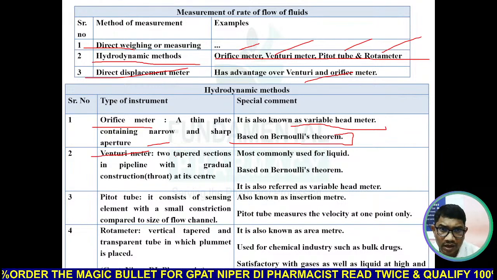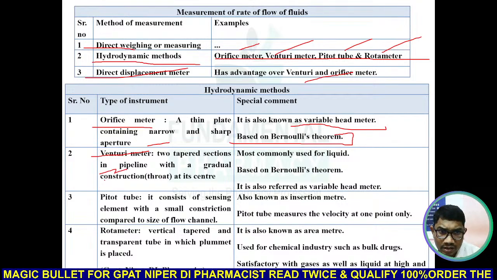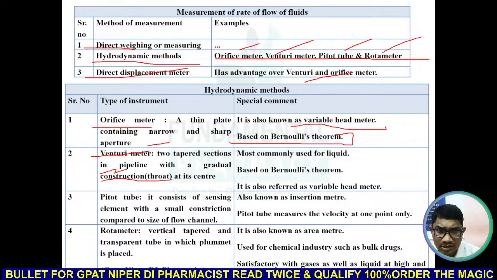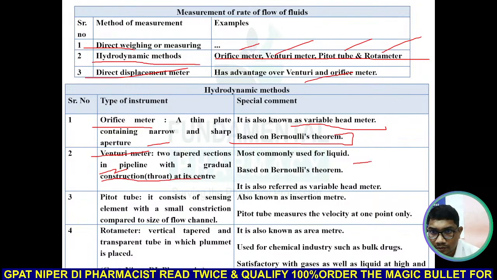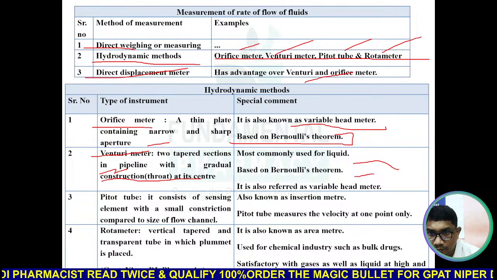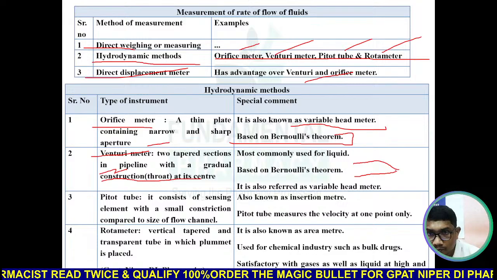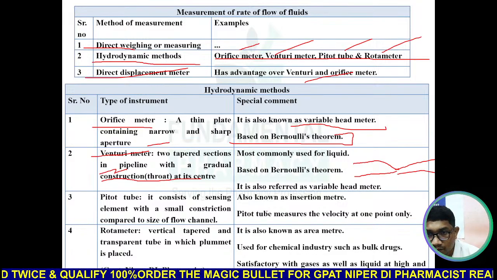So in this, two tapered sections in the pipeline with a gradual constriction, or throat. तो इसमें क्या होता है कि, like this.